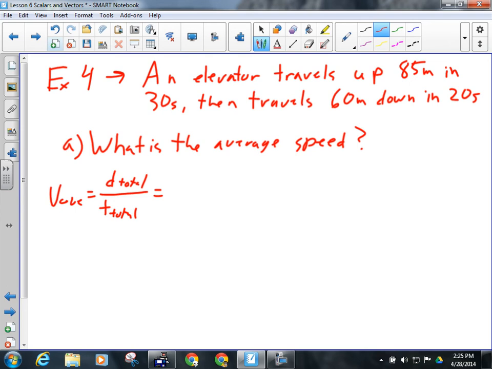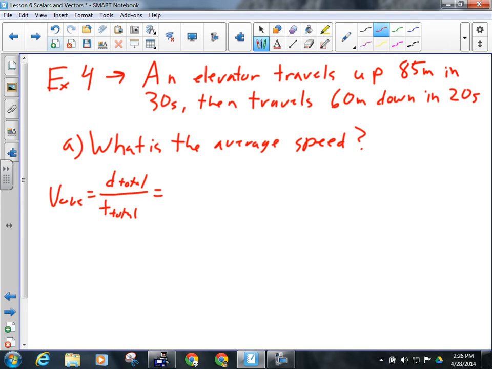How far does it go in total over the whole trip? 145 meters. Remember, distance and speed are scalar. They don't care whether the elevator has gone up or down, just how far the elevator has gone in total. This is where that scalar vector thing becomes different.